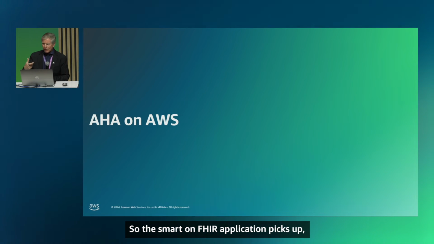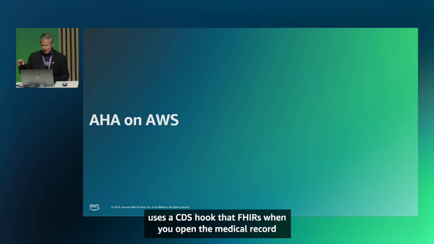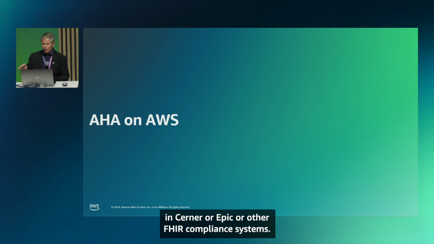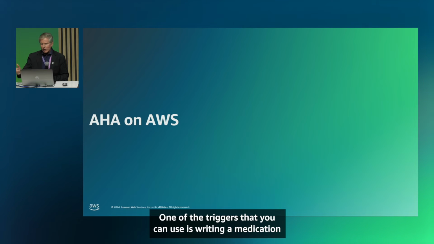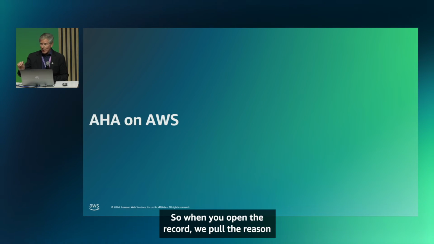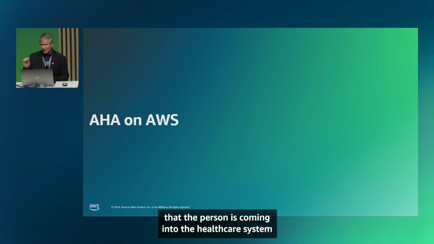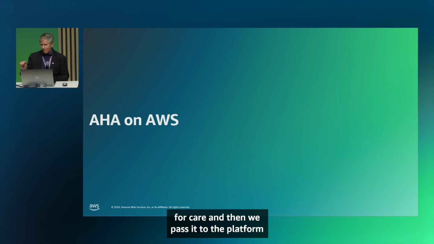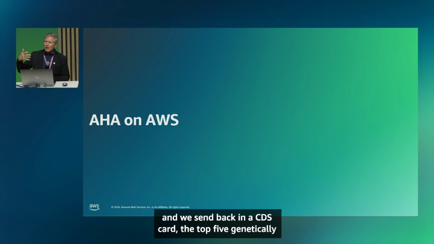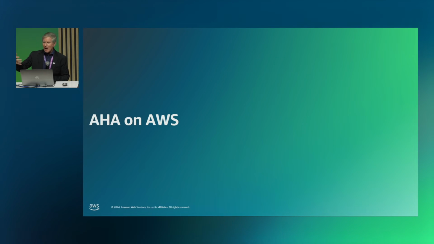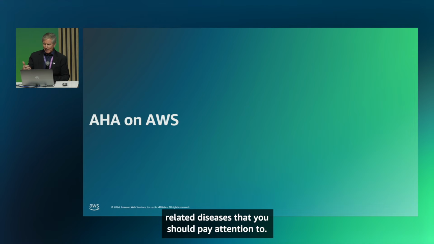So the Smart on FHIR application uses a CDS hook that fires when you open the medical record in Cerner or Epic or other FHIR compliant systems. One of the triggers that you can use is writing a medication or opening a record. So when you open the record, we pull the reason that the person is coming into the healthcare system for care, and then we pass it to the platform and we send back in a CDS card the top 5 genetically related diseases that you should pay attention to.